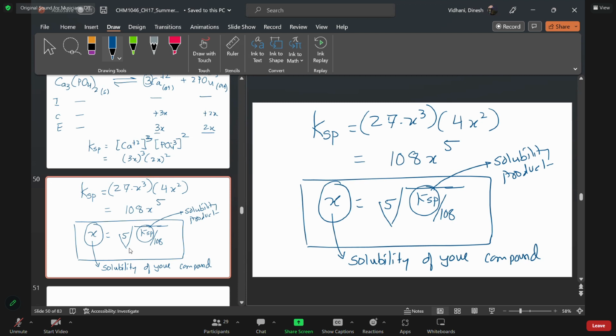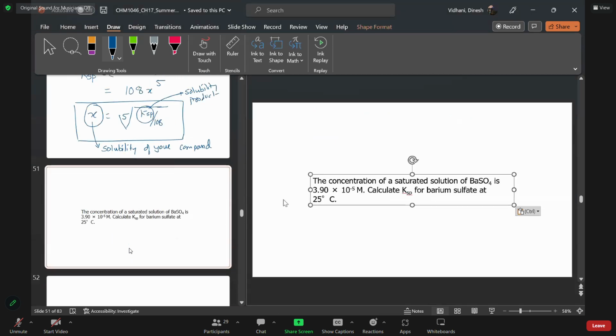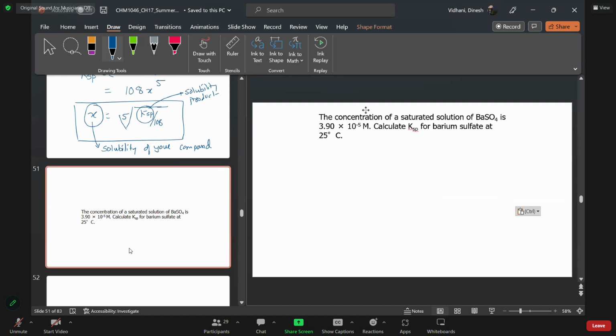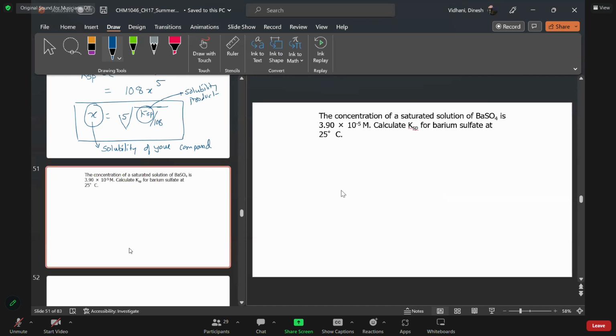So let's solve one problem related to this. Suppose I gave you barium sulfate, the one that I gave you earlier, right? I'll just copy paste this problem. Okay. So you just found the equation for KSP for barium sulfate.